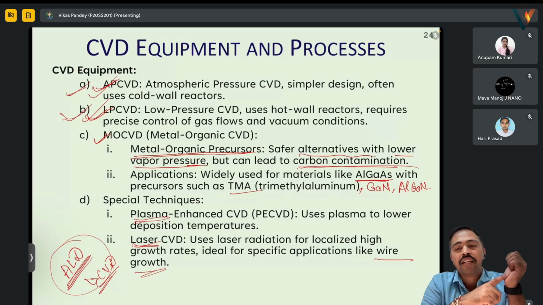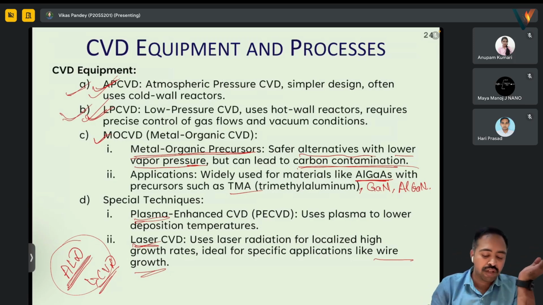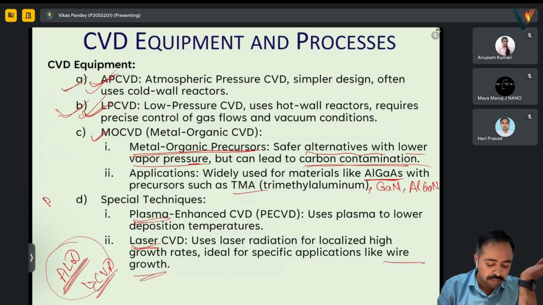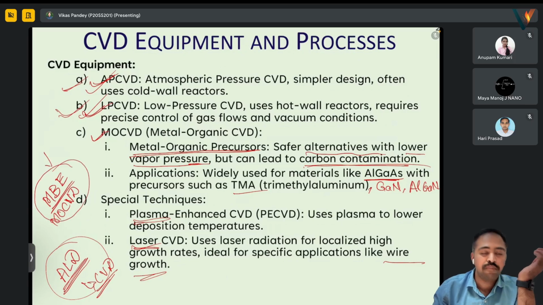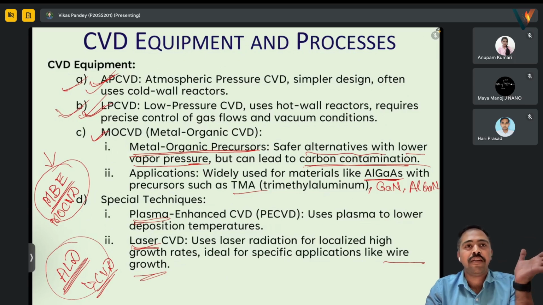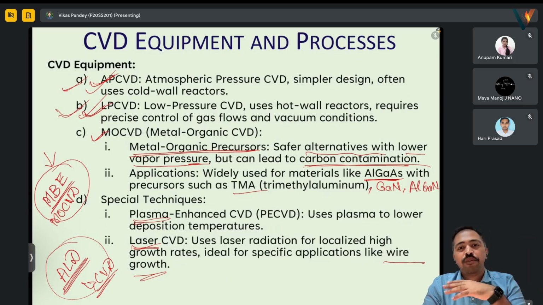That cannot be done in APCVD or LPCVD. When we talk about epitaxy, we are mostly talking about MBE, molecular beam epitaxy, or MOCVD. It is not done in APCVD. It is like an advanced form of the CVD process, you can say.